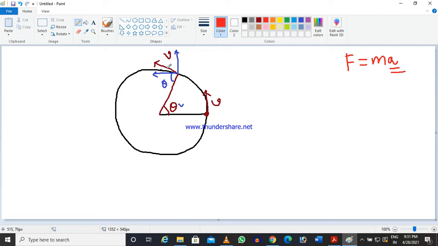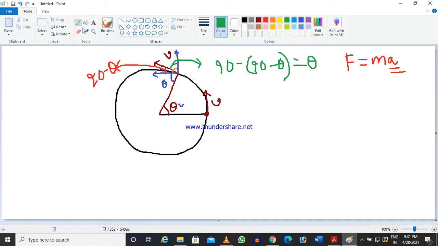So this angle is 90 minus theta. And this total angle is 90, so this other angle should be 90 minus (90 minus theta). So basically that is theta.